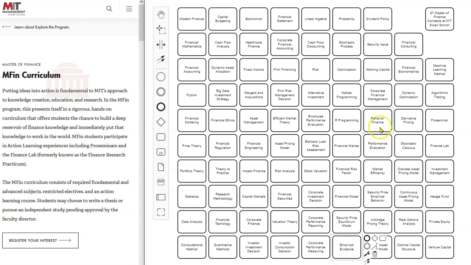Empirical evidence, behavioral finance, MATLAB programming, firm financing, linear algebra, quantitative methods, pro seminar, big data, investment strategy, security price equilibrium model, valuation theory, firm financing. All right, thanks guys. See you next time.